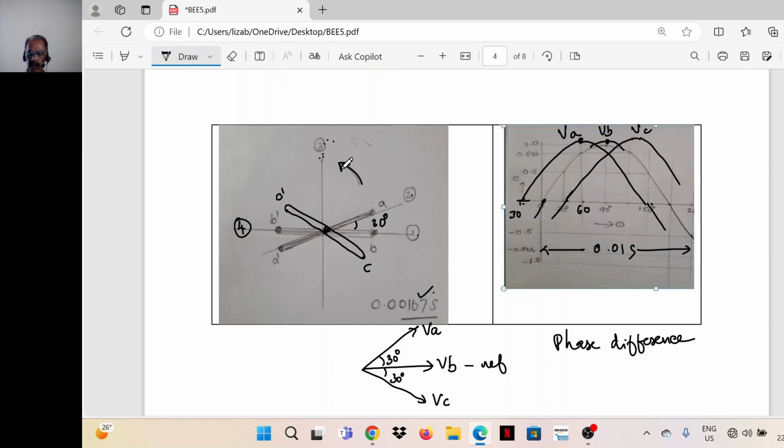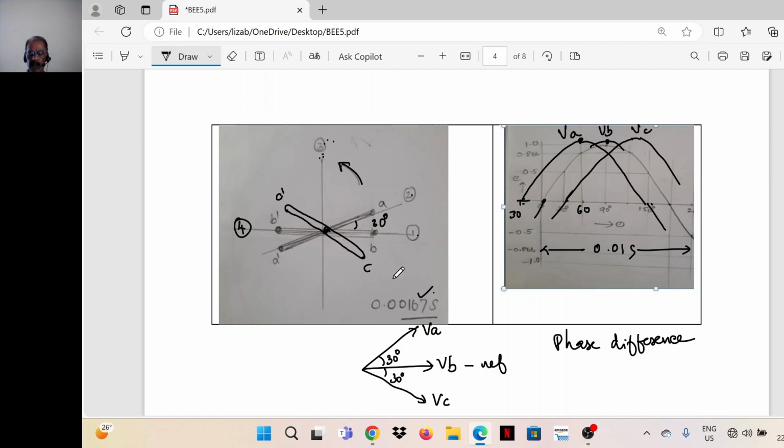So in this case, since we are taking VB as the reference, VA is leading VB by an angle of 30 degrees because VA comes first. VA is leading VB. After VA only VB comes. But what about VC? VC comes after VB.